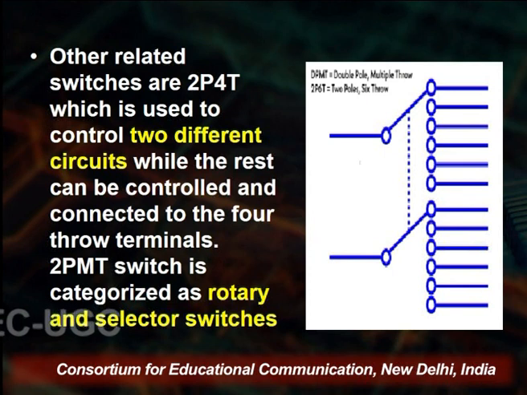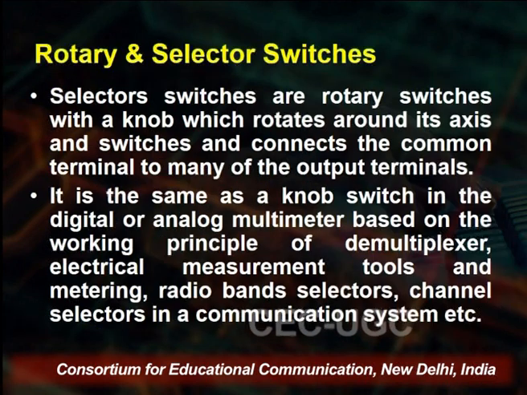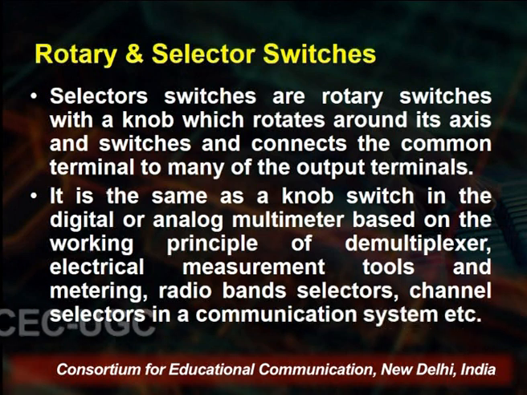First is the rotary, second is the selector switch. What are the rotary and the selector switches? Selector switches are rotary switches with a knob which rotates around its axis and connects the common terminal to many of the output terminals.